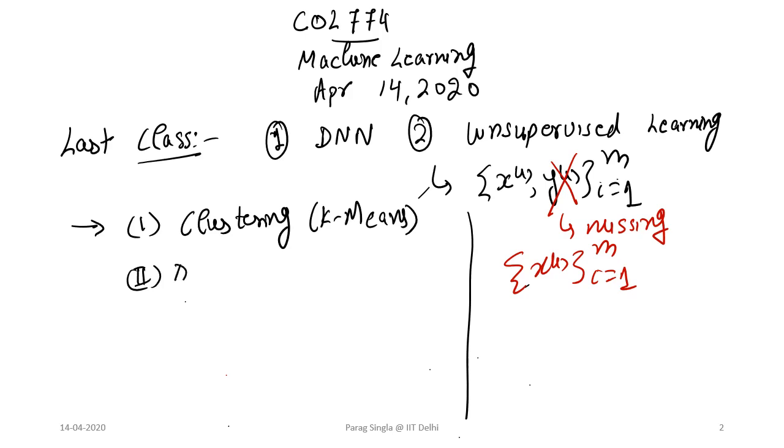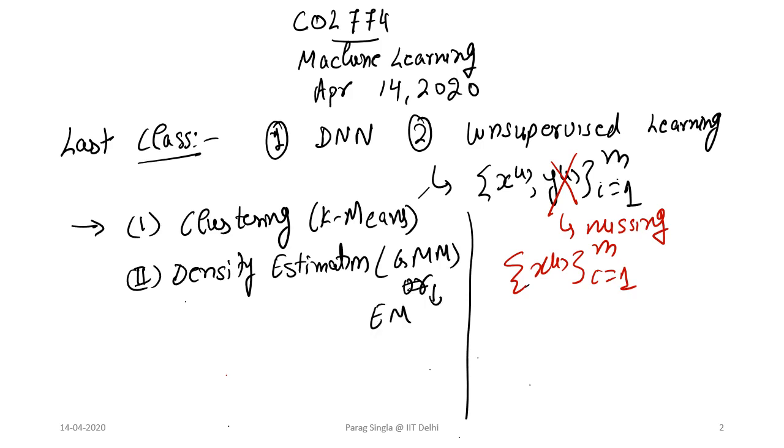And then we said we will look at density estimation, and in that context we will look at GMM, Gaussian mixture models, leading to an algorithm called EM, which is expectation maximization.